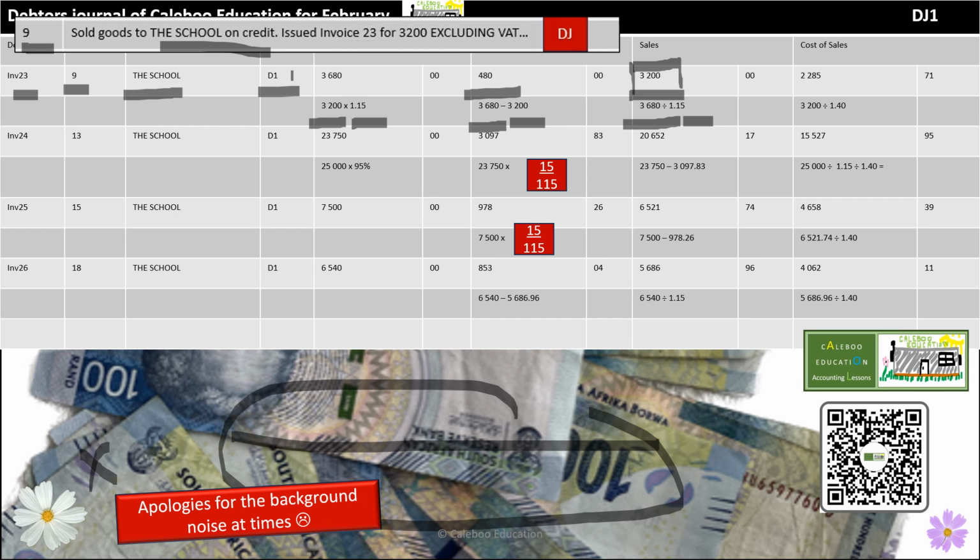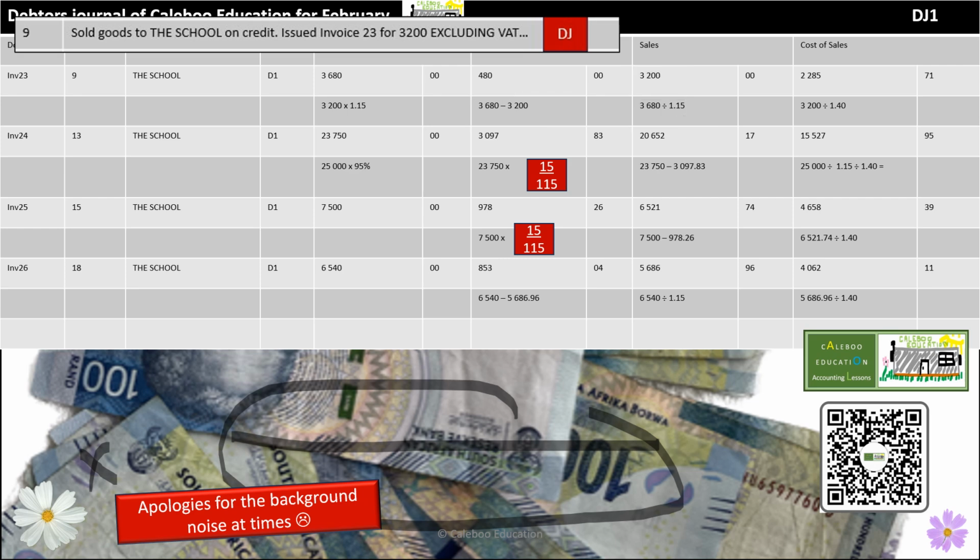Because if you see, the transaction says sold stock to the school 3,200 excluding VAT. So the sales amount always excludes VAT, and it's given to us as 3,200. I just put that little calculation in there: the inclusive amount divided by 1.15.